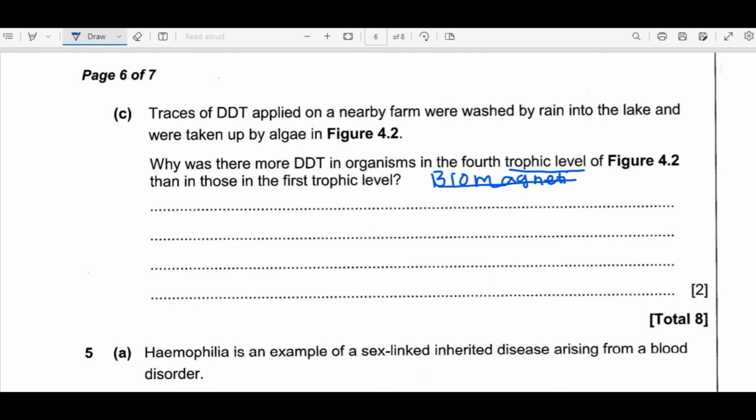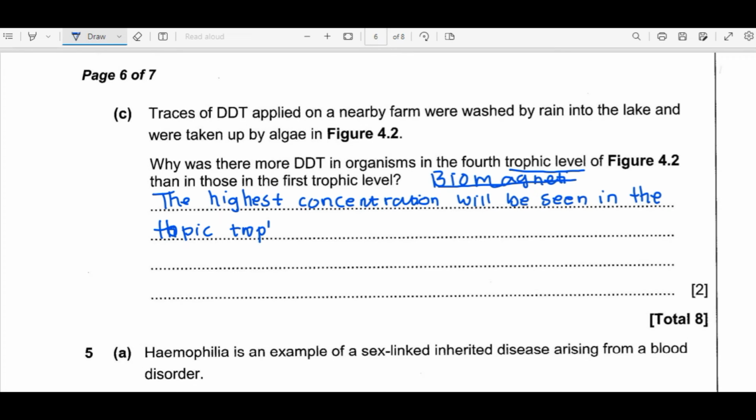So we can say the highest concentration will be seen in the top trophic level. Now let's give a short reason.